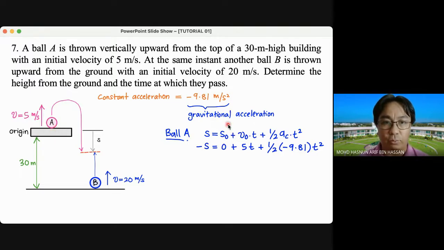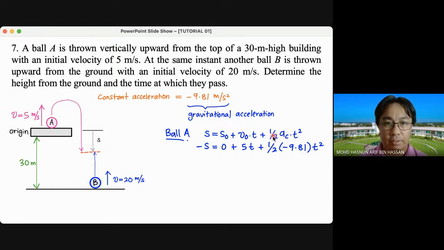S naught will be 0. Okay, plus V naught. What is the initial velocity of the ball? The initial velocity given here is 5 meter per second. So you put in 5t. Time kita tak tahu. Bila masa dia sampai dekat sini, kita tak tahu the time. So from this equation, we can find the time first.